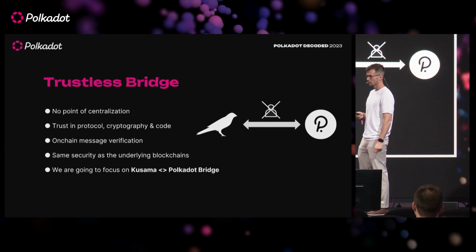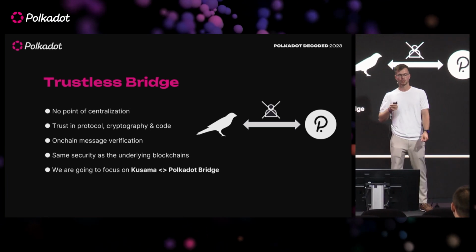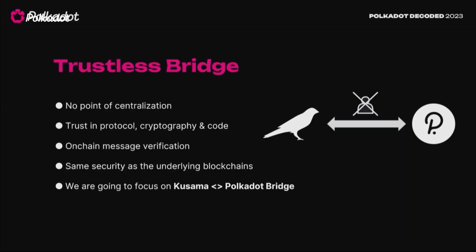Trustless bridge. So what is a trustless bridge? A trustless bridge is a specific type of blockchain bridge in which there is no point of centralization. It means that there is no single entity that runs the bridge, that holds the bridge, that makes the bridge secure. In trustless bridges, we trust in protocol, cryptography, and code.